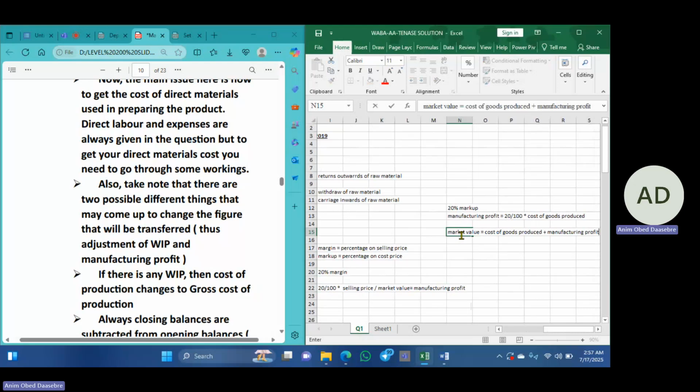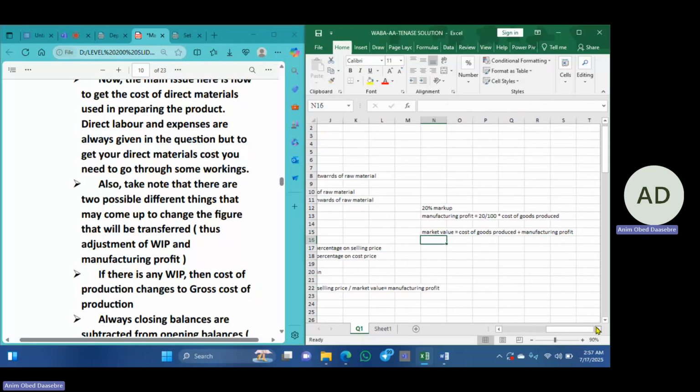You add this together to get your market value. So it is the same way we go through to find the selling price. So market value equals cost of goods produced plus manufacturing profits.